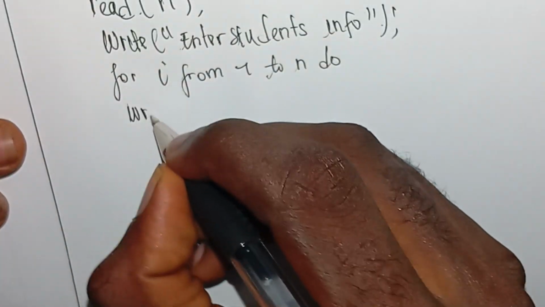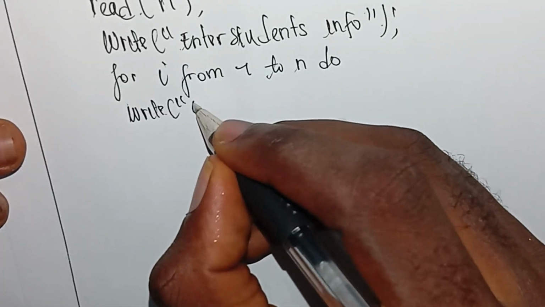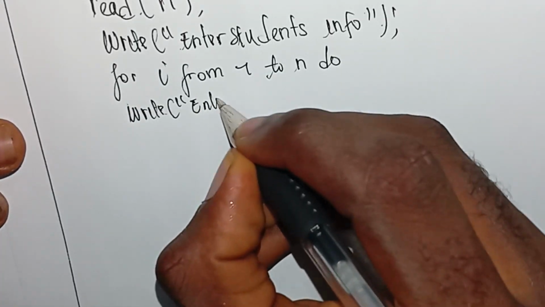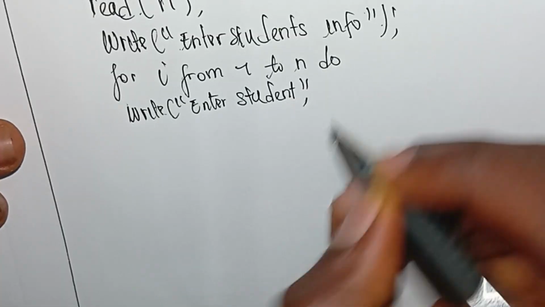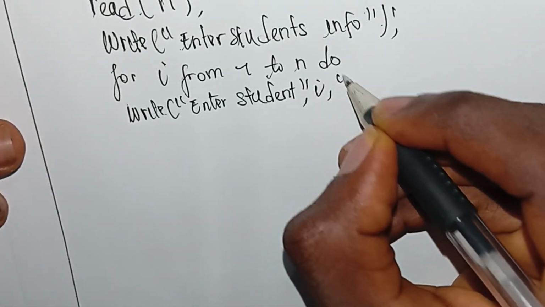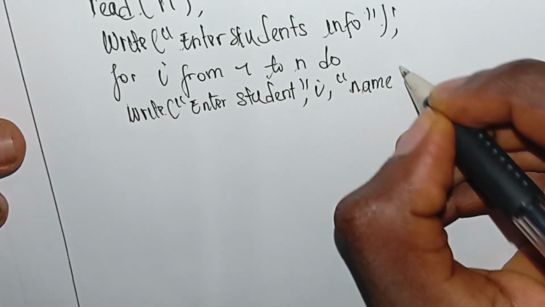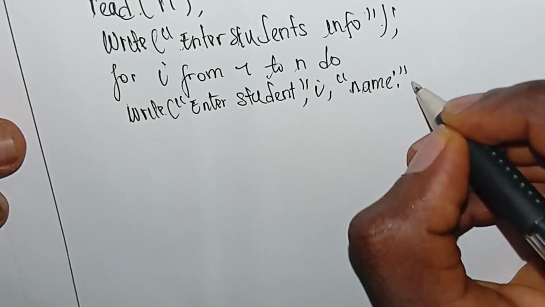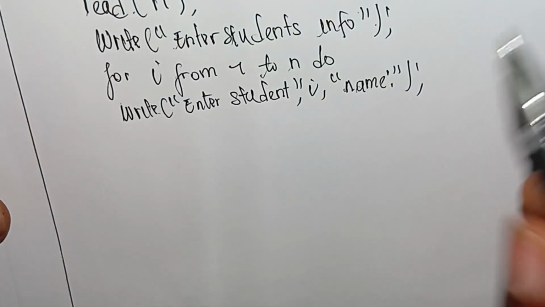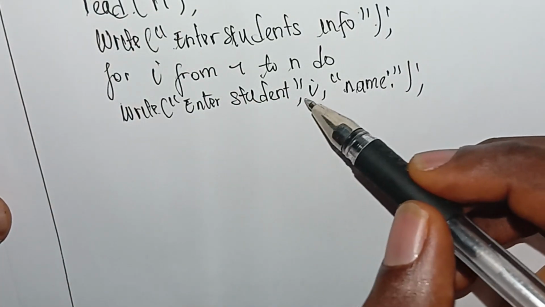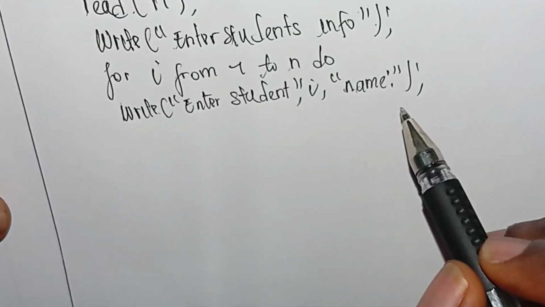Now we want to write a message again. Enter student, comma, I, comma, name. Just this to make it classy. So essentially, I in the first iteration will be 1. So it's going to display enter student 1 name.